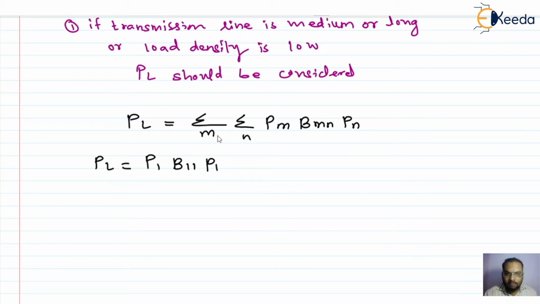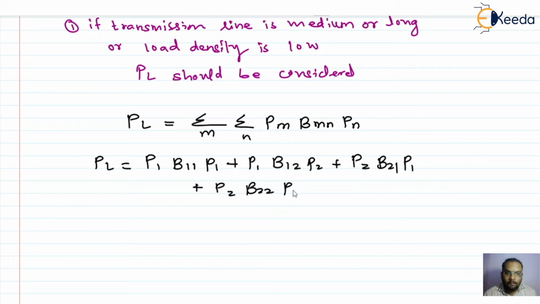Now let's keep m as 1 and n as 2, so we get P1 B12 P2. Now let's make m as 2 and n as 1. In that case we get P2 B21 P1, and for the last term make m and n both 2, so we get P2 B22 P2. If I simplify, P1 P1 becomes P1 square B11.